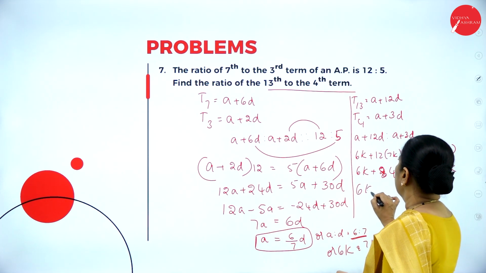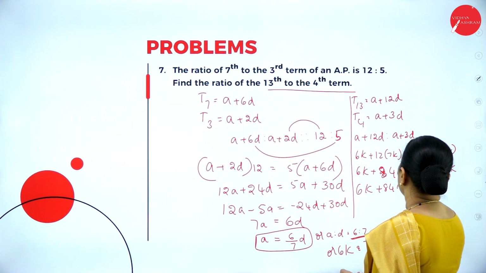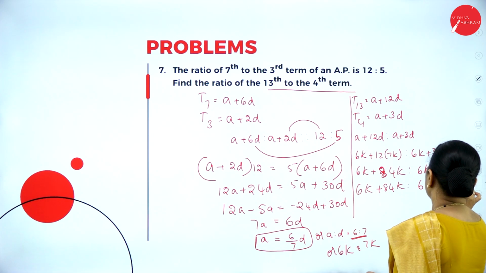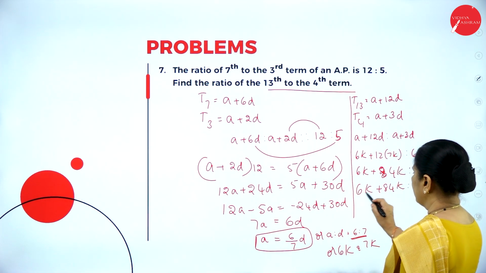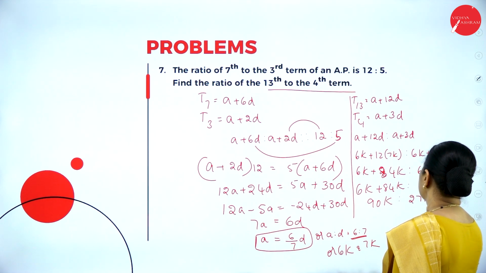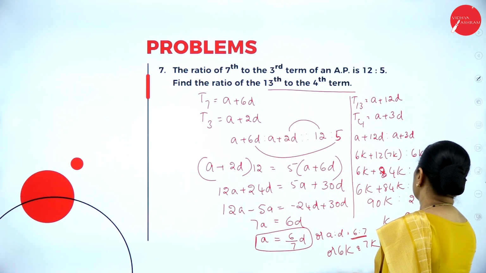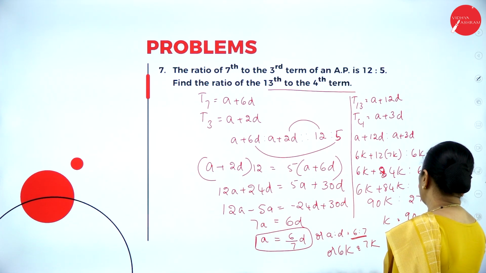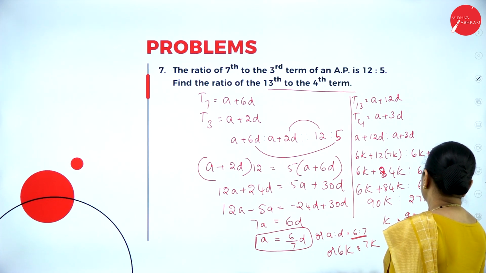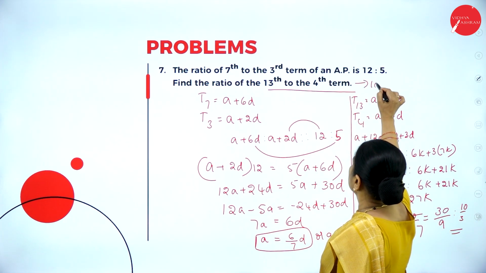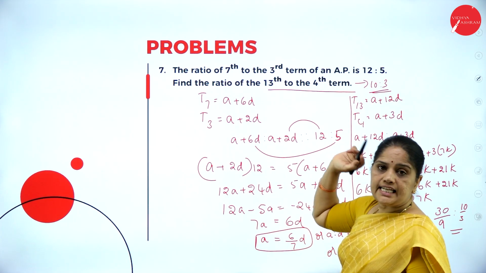Now, 6K plus 84K is to 6K plus 21K. 84 plus 6 is 90K is to 27K, or 90 by 27, that is equal to 30 by 9 or 10 by 3. So, the ratio of the 13th to 4th term is 10:3.